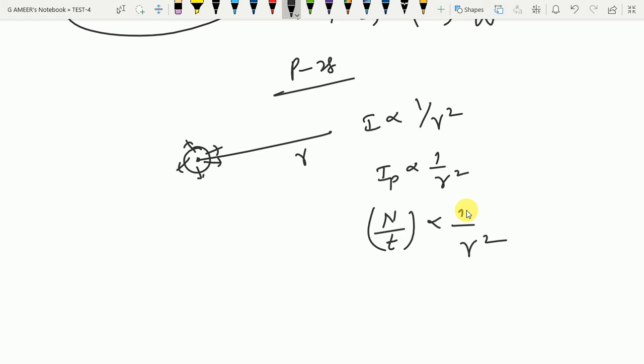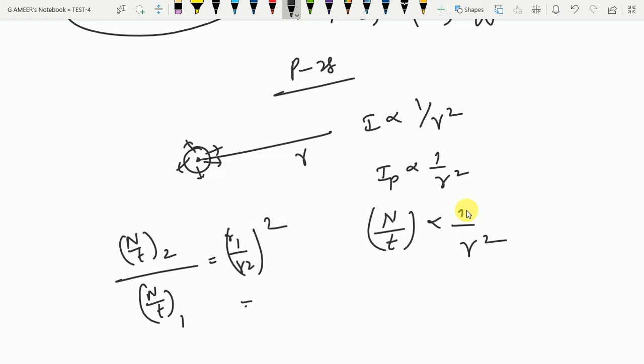In the two cases, the number of photons in the second case divided by the first case is equal to r1 by r2 whole square. In the first case the distance is 0.5, in the second case the distance is 1, so it will be 1 by 4. The reduction factor is 4. So the best option will be D.